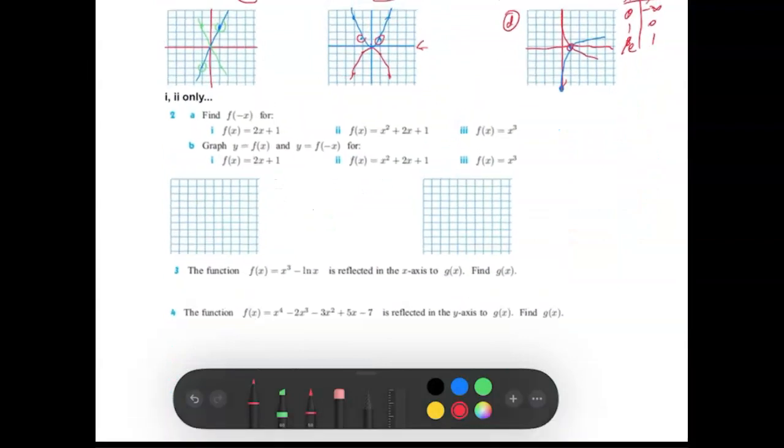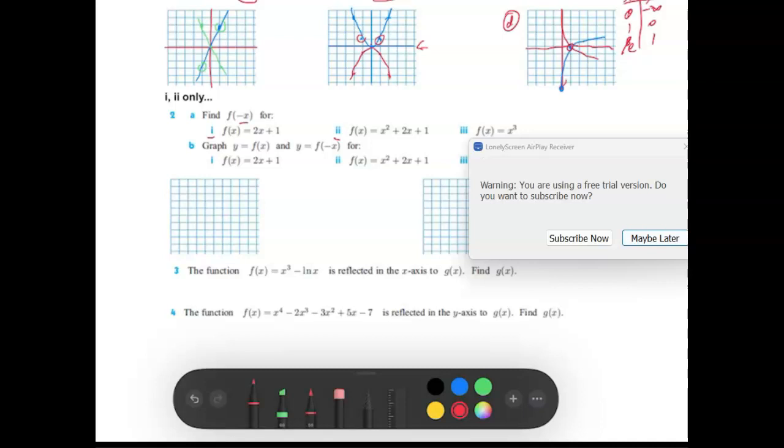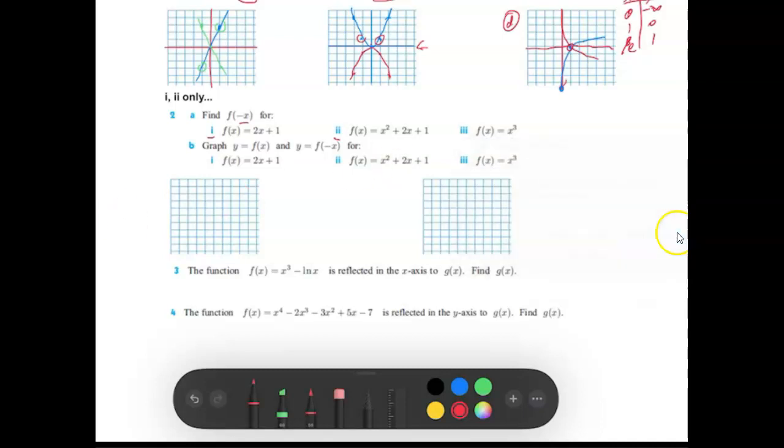So for 2, we're going to do 1 and 2 only. And we're looking to do the horizontal reflections over the y-axis. So for the first one here, we're going to do the original function, which is 2x plus 1. 2x plus 1 is a slope of 2 and a y-intercept of 1, so that would be just like that.